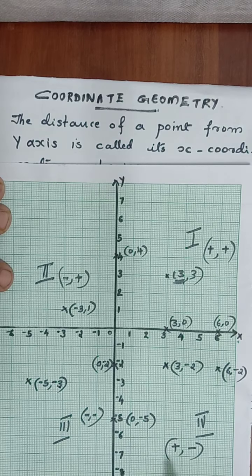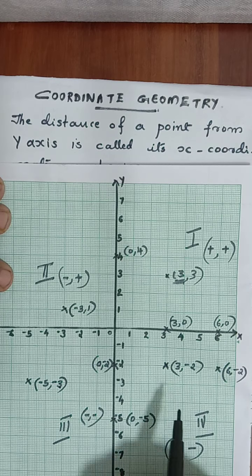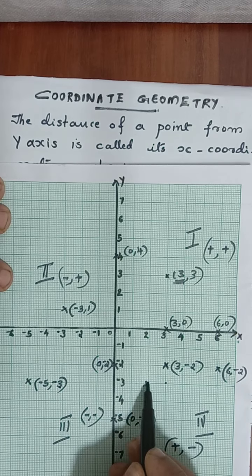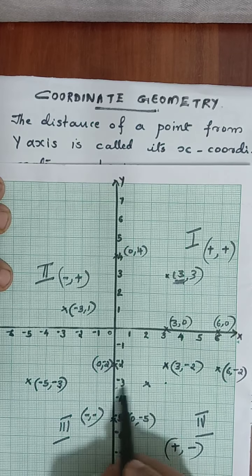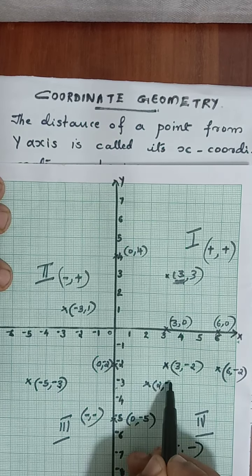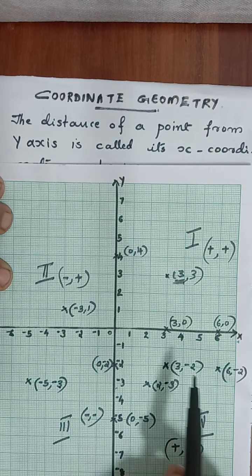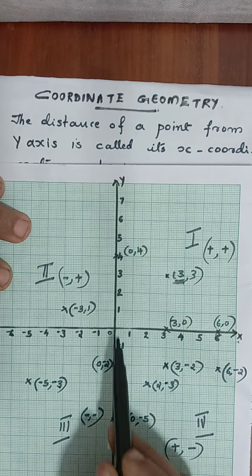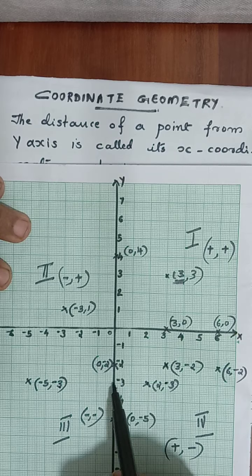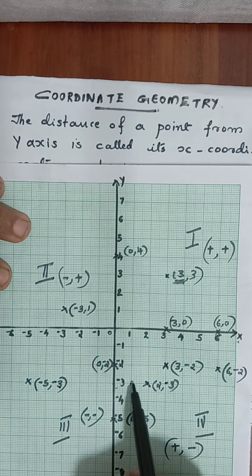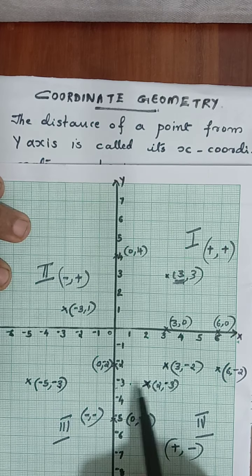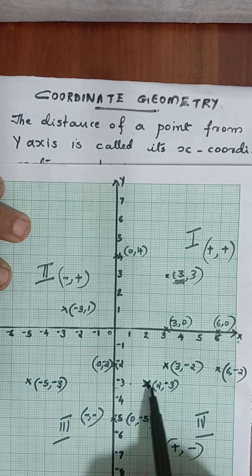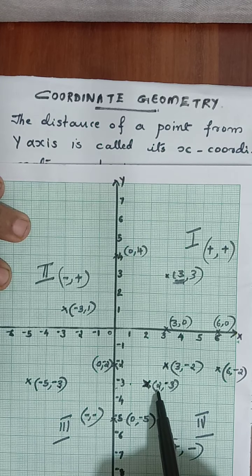For example, this point, if I mark this point, I can mark it as (2, -3). So the distance of this point from the y-axis, 1, 2, 2 units you have to move. That is the distance. That is called the x-coordinate.